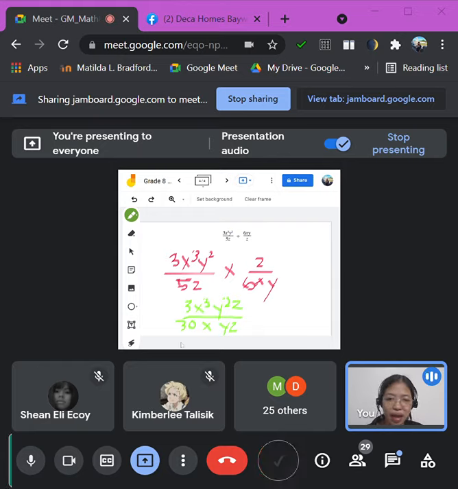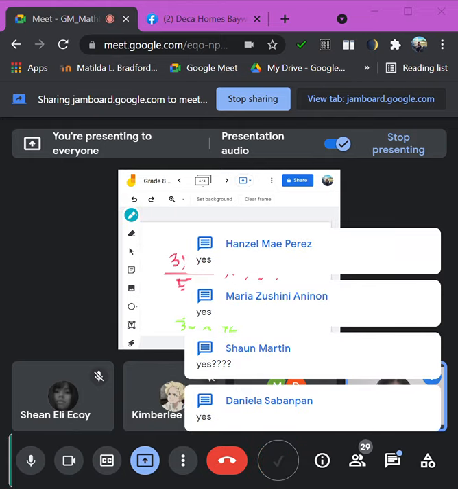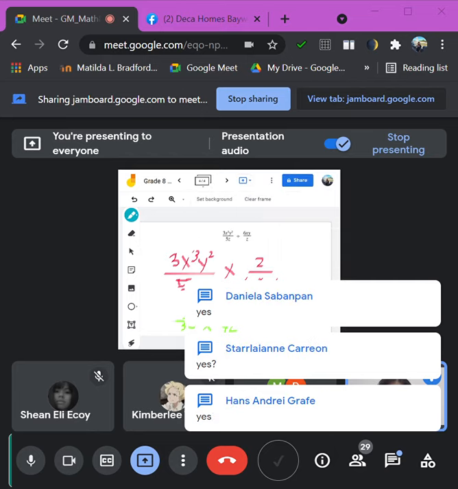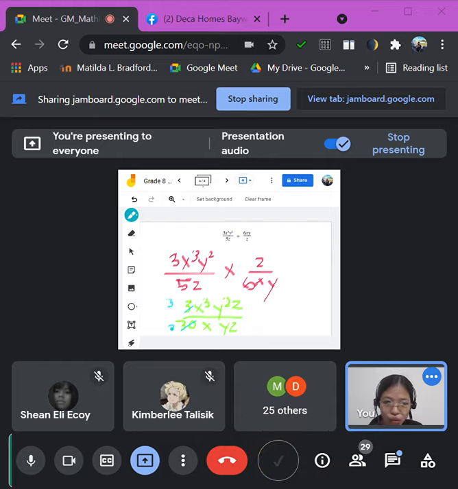Okay, so now class, unsa next nato buhaton? Masimplify pa ba ni natong 3x cubed y squared z over 30xyz? Actually, that is yes. So mag-start ta sa atong coefficient. Di ba ni siyang ma-divide og 3? So what will happen?